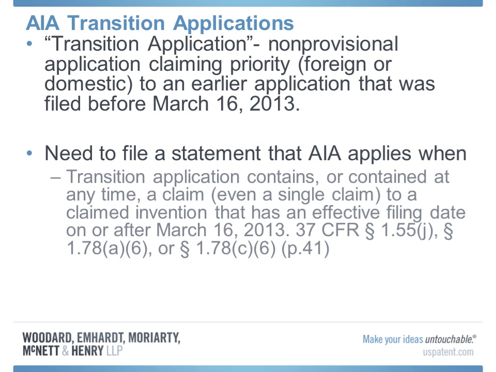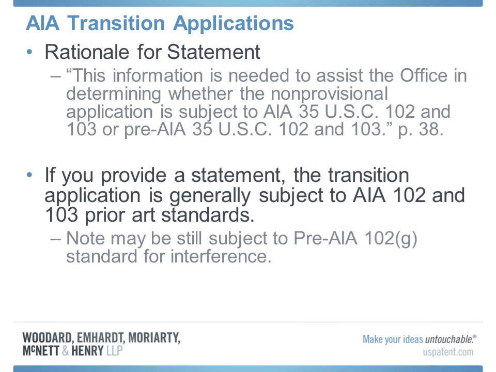To help them, we have to tell them that, even though it's claiming priority all the way back before March 16, this has to apply the AIA rules, because there's one claim in here that is not supported all the way back there, so it's going to be treated under the new first to file rules. That's what the statement is all about. So we're just helping out the patent office. That's the rationale.